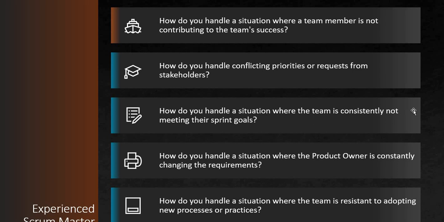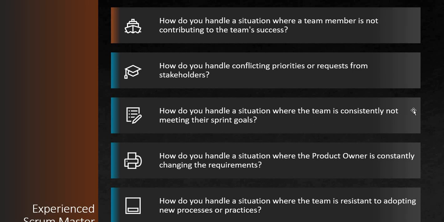How do you handle a situation where the team is resistant to adopting new processes and practices? As a Scrum Master, I would first work with the team to understand their concerns and any challenges they may be facing. I would then communicate the benefits and purpose of the new process or practice and work with the team to create a plan to implement it. I would also provide training and resources to support the team's adoption and provide feedback and recognition for their efforts.